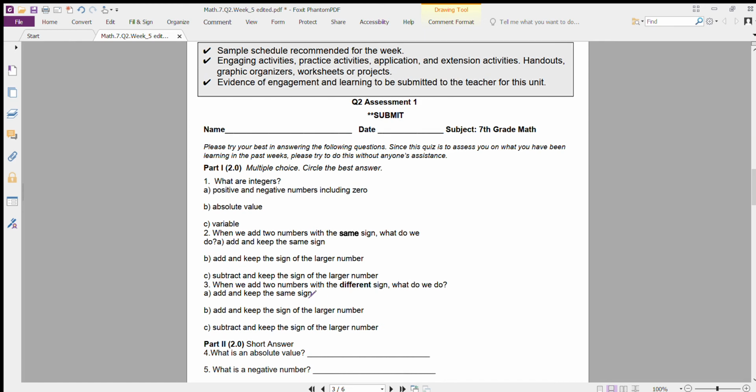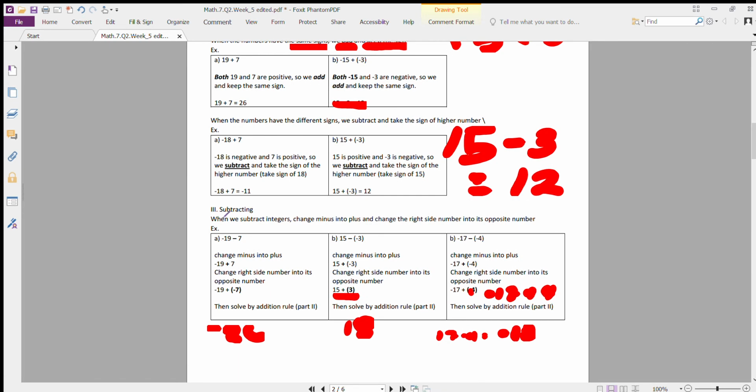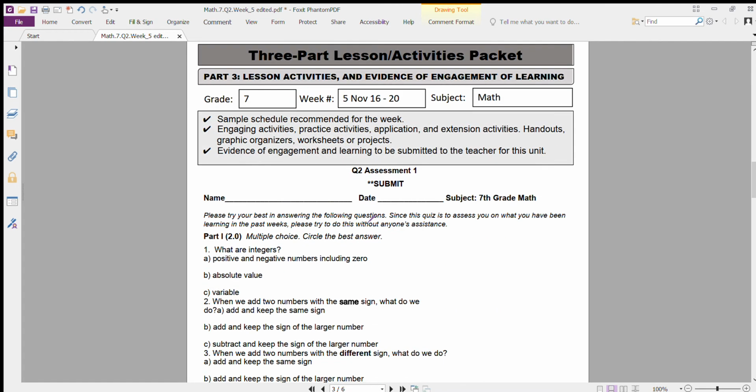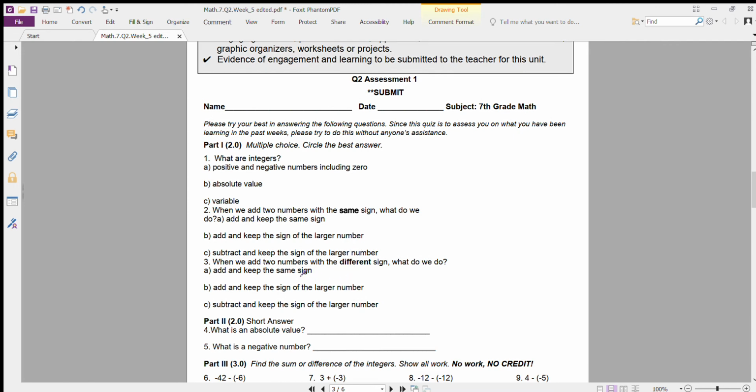Now, last but not the least, when we add two numbers with different signs, what do we do? Here's another one. Different signs, we subtract and take the sign of the larger number. Which one is the right one?